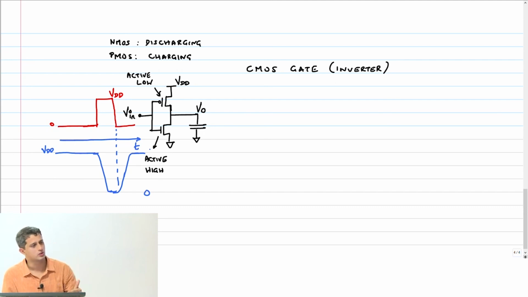Clearly when the input is 0, the output is VDD. When the input is VDD, the output is 0, and therefore this is very naturally a CMOS inverter, right? In fact, all CMOS gates are naturally inverting gates. So you don't think of AND OR gates, you think of NAND NOR kind of logic in CMOS gates. Okay.